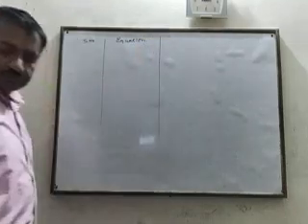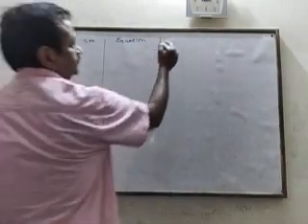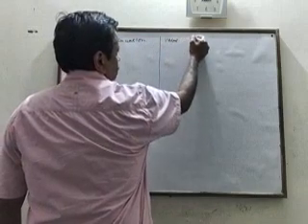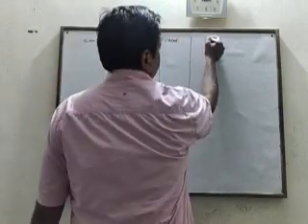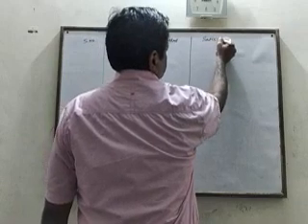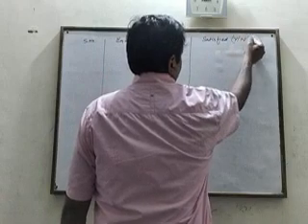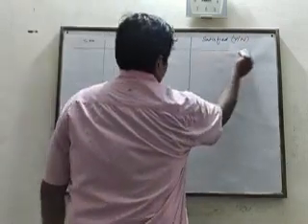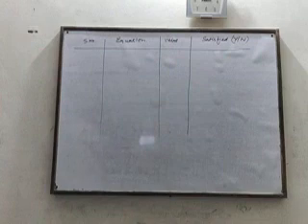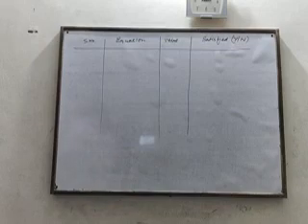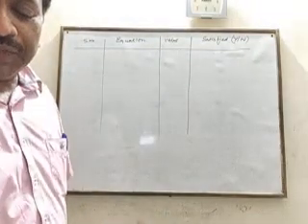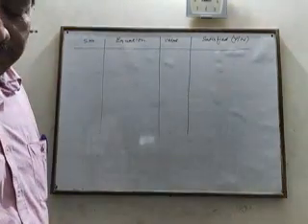Give the answer in yes or no. So equation is satisfied means left hand side equal to right hand side. But at which value? The value is given in the third column.